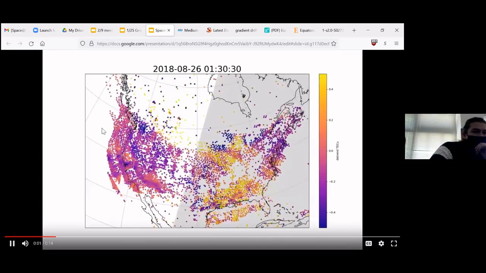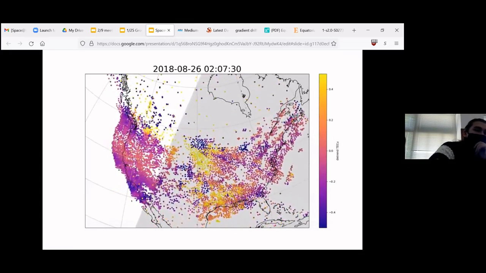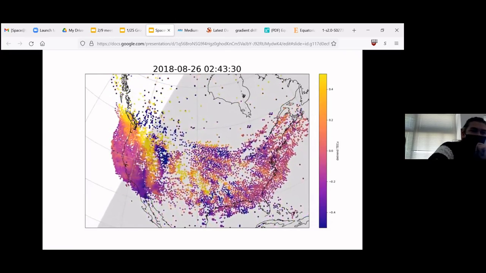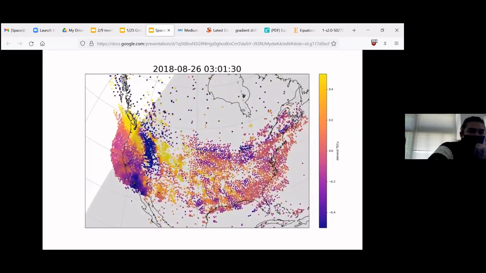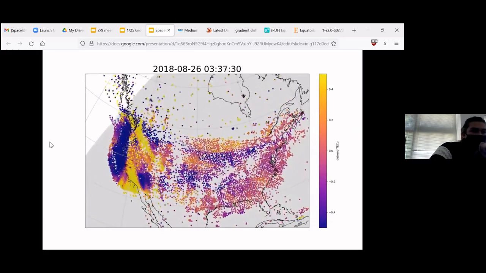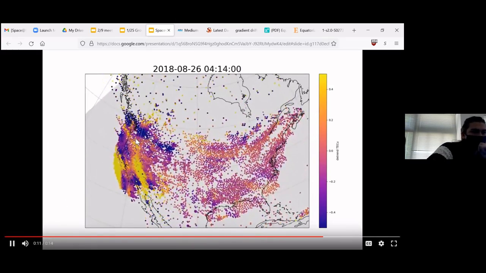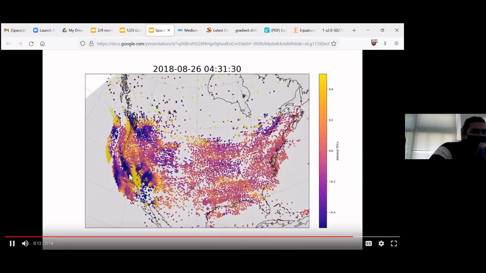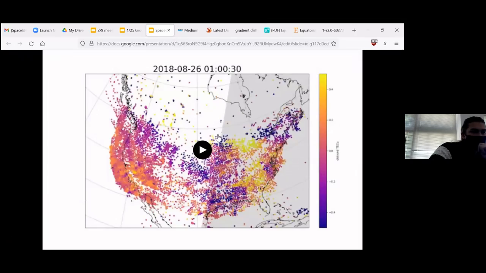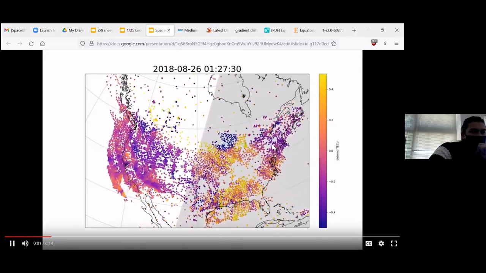Another thing you'll notice is the coverage isn't so good, maybe like 10,000 data points you're looking at versus like 30,000. The reason for that is there's just less coverage in the data files for some reason, 2015 to 17. But the West Coast is really good, as you can see. Again, you can see westwards traveling ionospheric disturbances.